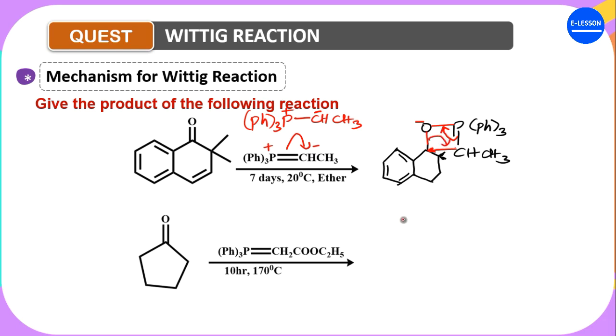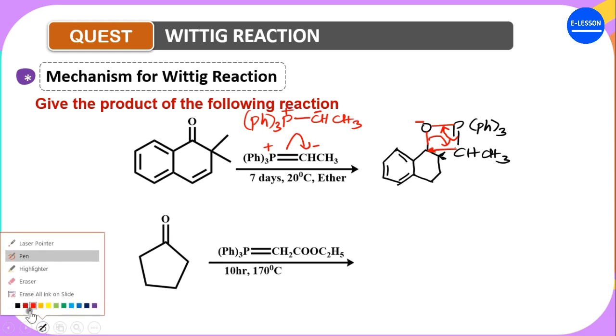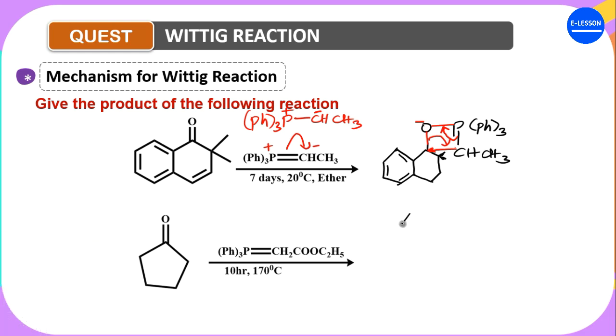And then finally, the product of this reaction, you see that I did everything in one single step. The product of this reaction will become something like this. So we have C bonded to CH2.